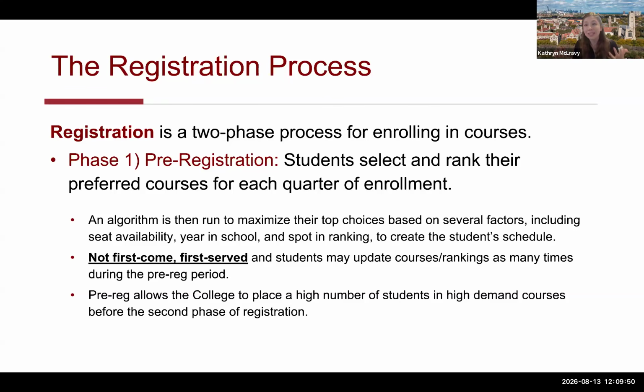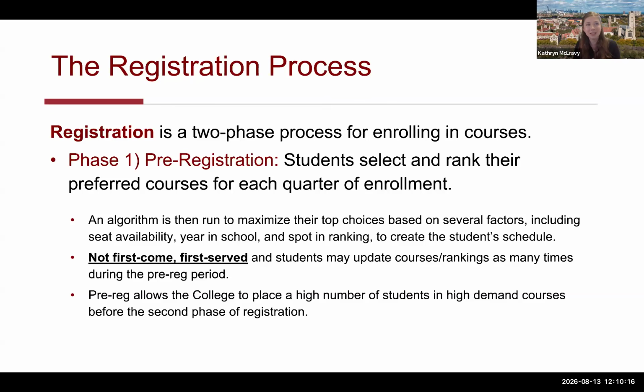And what's nice about it not being first come, first serve is that you can change your mind about your selections during the pre-registration week. You can go back, update it, and adjust your rankings as much as you want. So if you want to change around your math class time, maybe from a 10:30 priority to a 2:30, you are able to make those adjustments throughout the week.